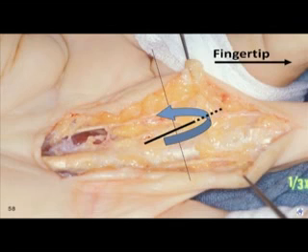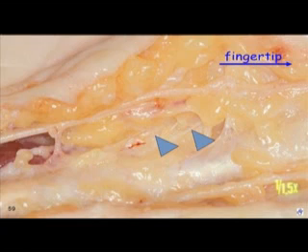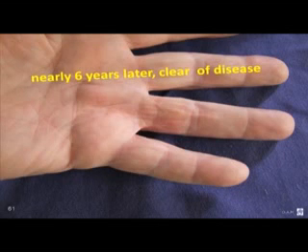These are the Cleland ligaments. So the cord around the nerve spirals is a hypertrophic Cleland ligament which is fixed in its flexion position. The same hand 6 years later. It's clear of disease.